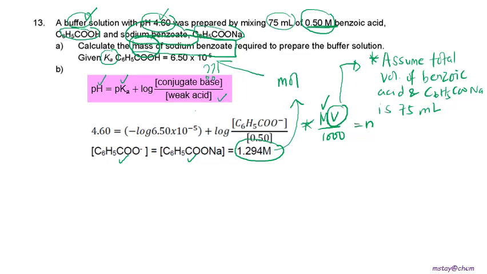That's why we do the assumption here, because they didn't give us any information about the volume. Once you get the number of moles, we can multiply by the molar mass of sodium benzoate, and we will get the mass, which should be 13.98 gram.